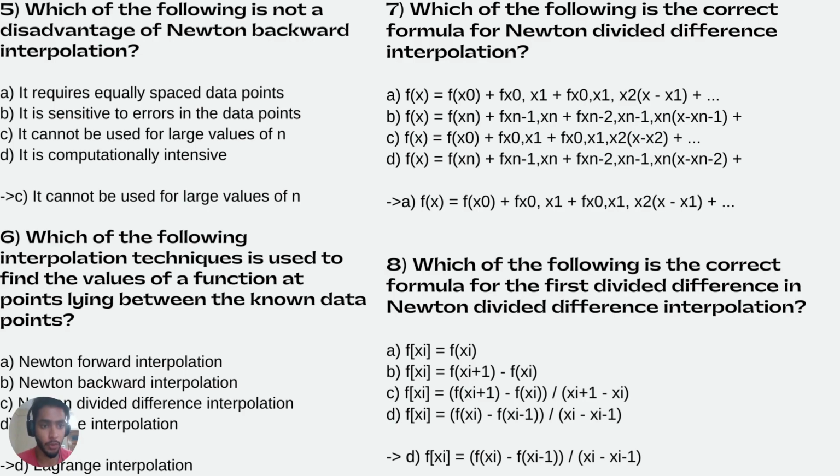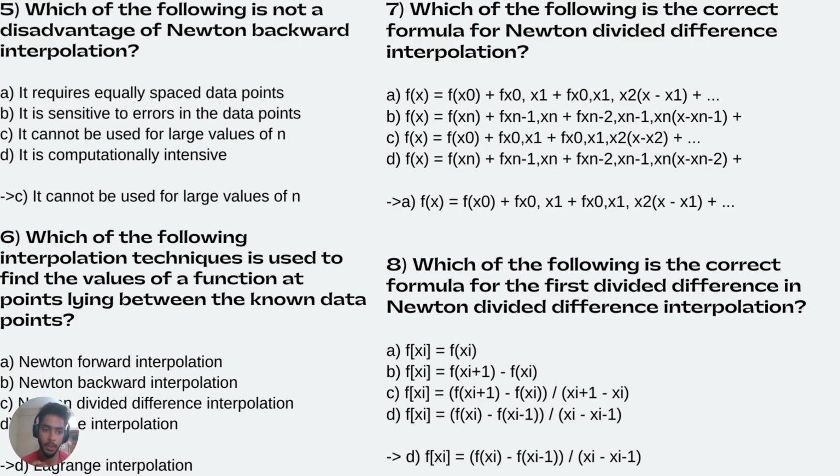Which of the following interpolation techniques is used for finding the values of a function at a point lying between the data points? We have been given almost the same options, so let me explain step by step. In Newton forward interpolation, we use it to find the values for the starting data.